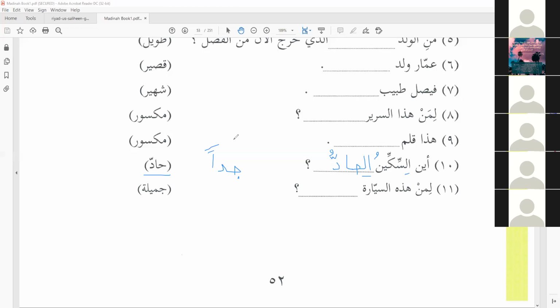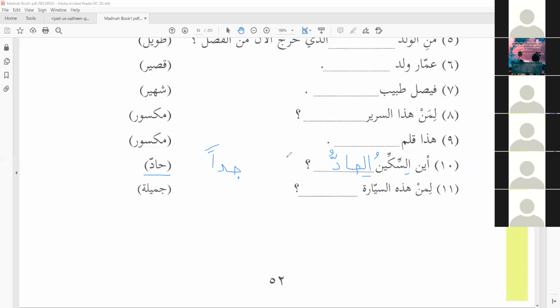If you see a word you've never seen before, it's extremely hard to correctly place it. You might know what comes at the end if you can figure out the grammar. You might know if it's a dhamma or a kasra or etc. But to know all the other harakat in the word is almost impossible if you don't already know the word in some sort of form. So jiddan is an adverb, not an adjective, always mansub.